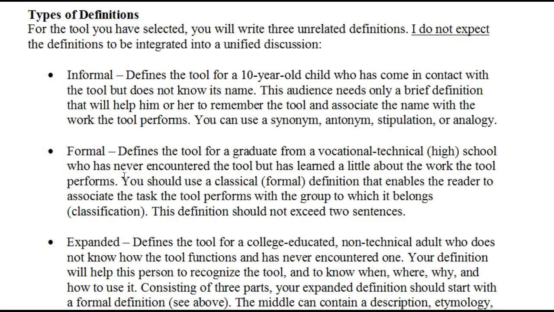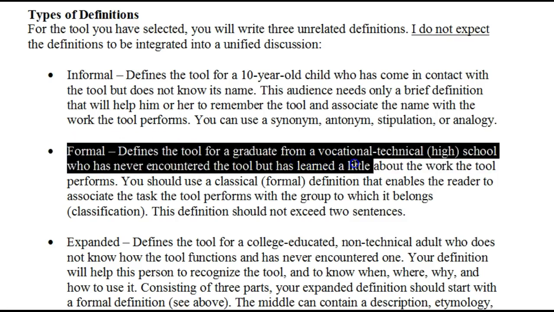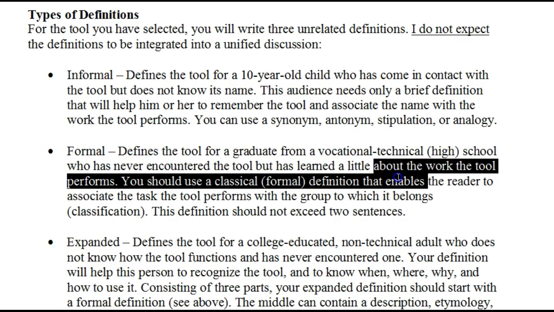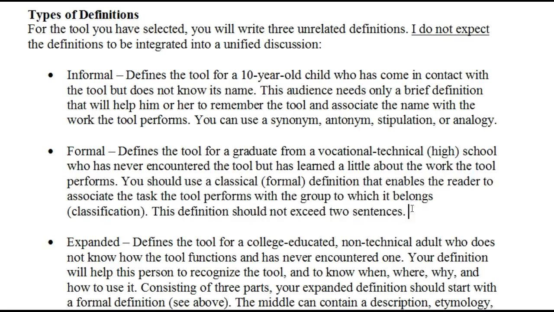The second type of definition you're going to write is a formal definition. The formal definition defines the tool for a graduate from a vocational, technical, high school who has never encountered the tool but has learned a little bit about the work that the tool performs. You should use a classical formal definition that enables the reader to associate the task the tool performs with the group to which it belongs.